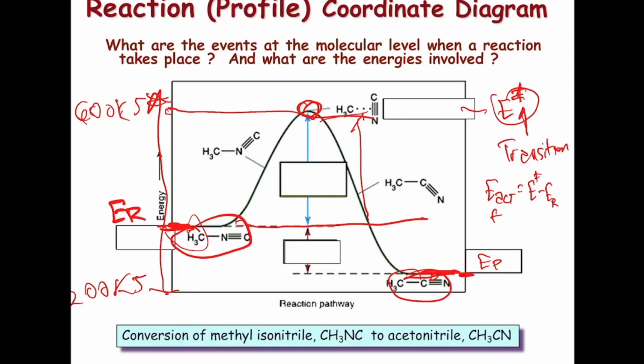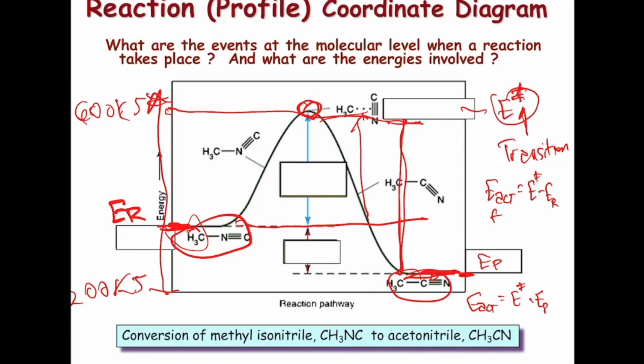That's a difference. Okay, what's the activation energy in the reverse direction? It's the transition state, again the highest point, minus the energy of the product. It's this difference right here.